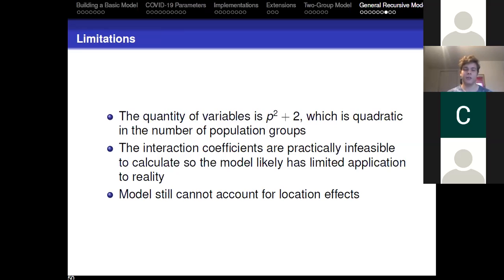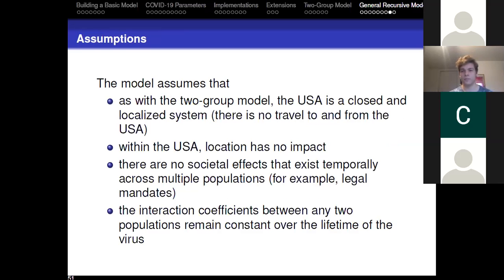And still, the model cannot account for location effects. This model assumes that the USA is a closed and localized system and that location has no impact. And then there are also no societal effects that exist temporarily across multiple populations.